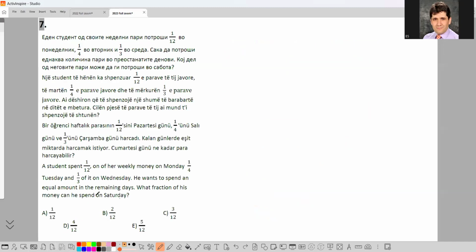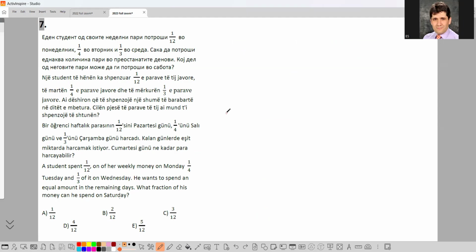The seventh question, a student spent 1/12 of her weekly money on Monday, 1/4 on Tuesday, 1/3 on Wednesday. He wants to spend an equal amount in the remaining days. What fraction of his money can he spend on Saturday?